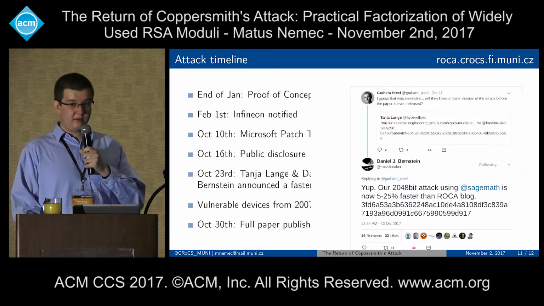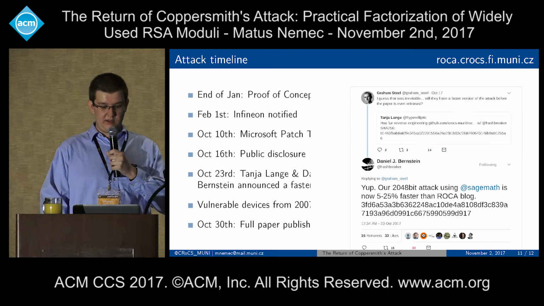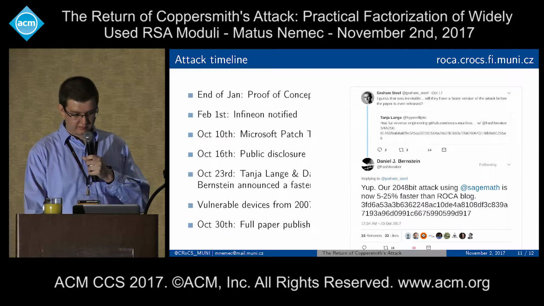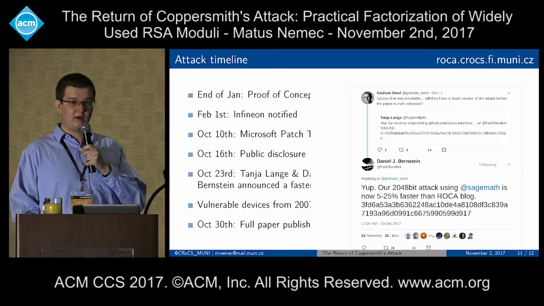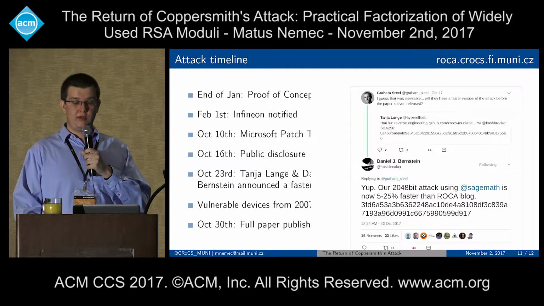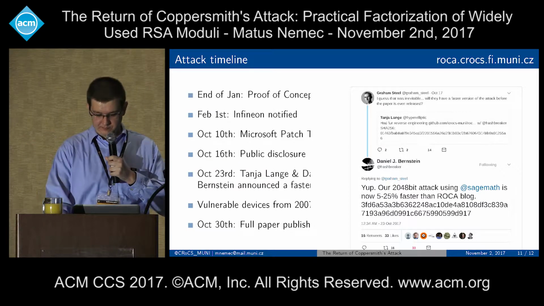The first public information about this attack was due to Microsoft releasing the patches for TPMs. This was about 1 week before we made our public disclosure, in which we gave the fingerprint testing method, but we did not release the factorization attack yet.